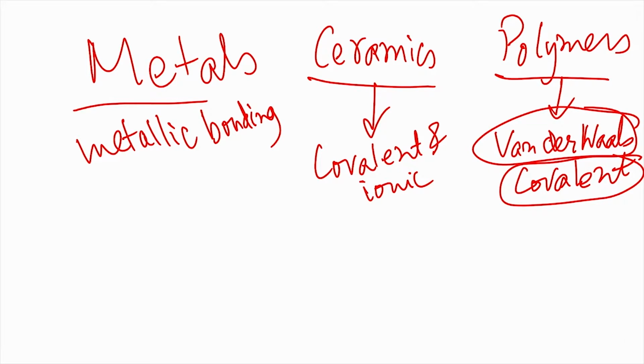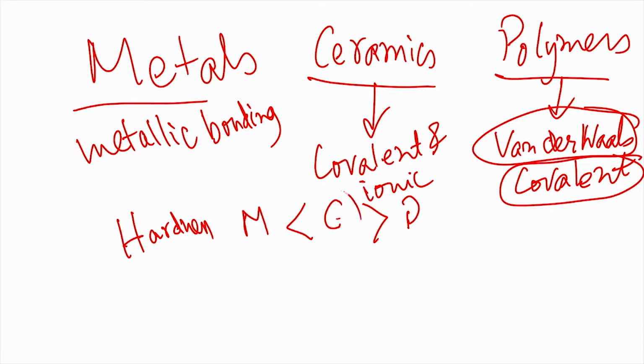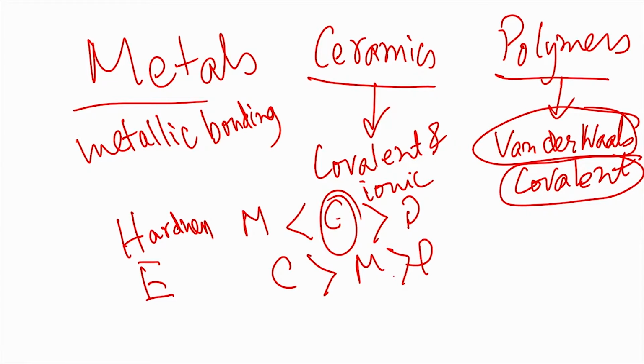Now, if you look at other parameters like hardness, metals are less hard than ceramics, and ceramics are much greater than polymers. Ceramics are by far the hardest material. In terms of elastic modulus, ceramics are greater than metals, and metals are much greater than polymers.